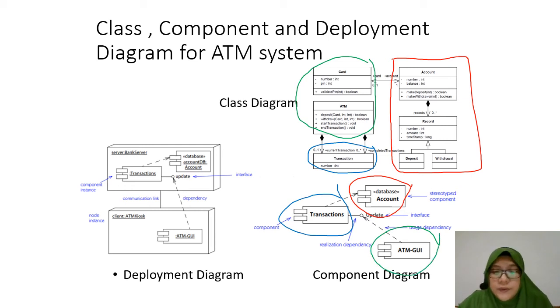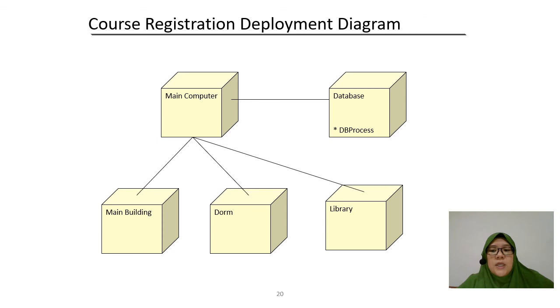So your component diagram is a group representing a group of classes. Okay, then we also have your deployment diagram, right?